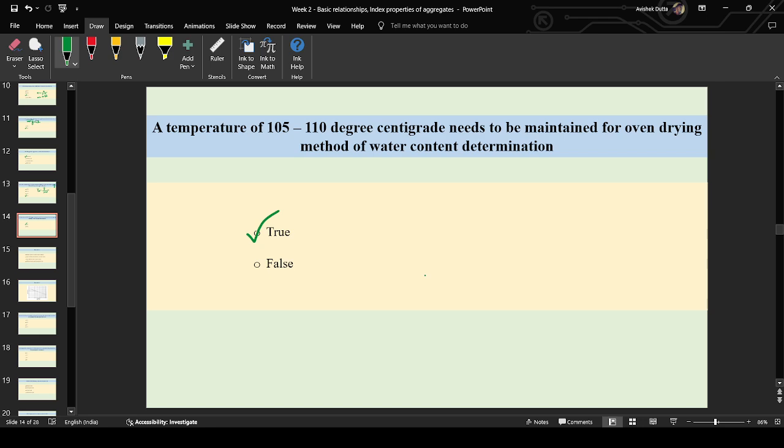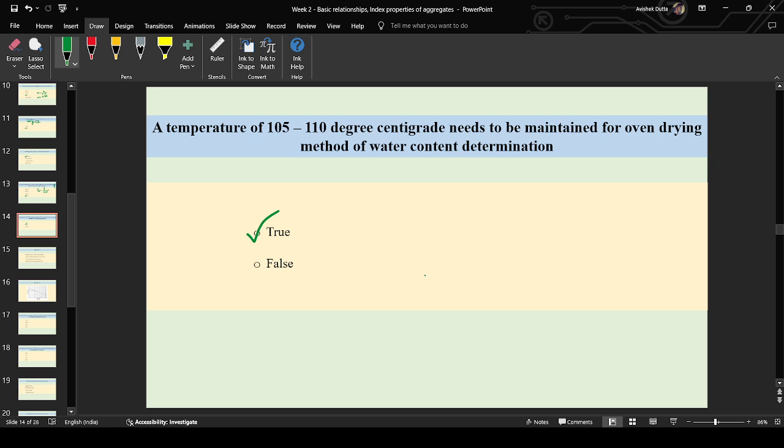of those minerals might get changed. Even a 10 degrees centigrade difference, you have a 100, the crystalline structure will be affected, sir. If it is more than 110, it might affect some clay minerals.